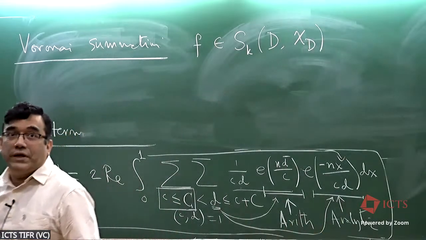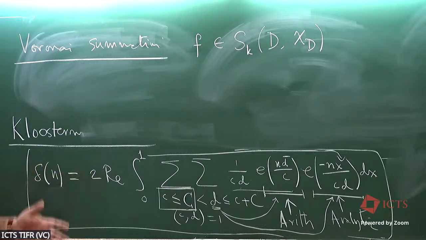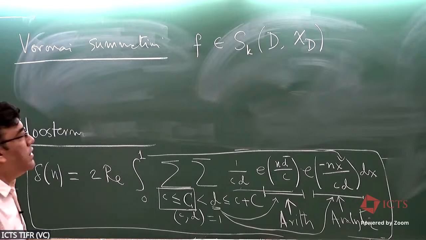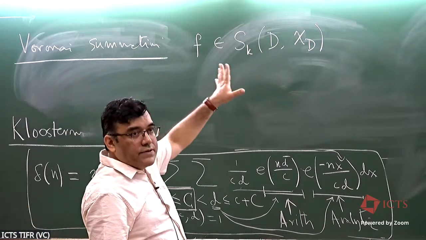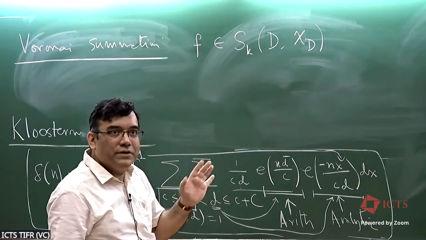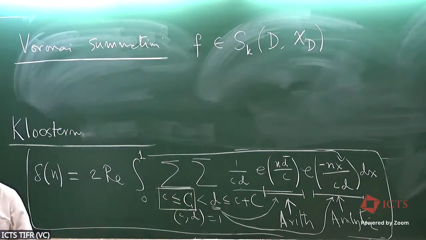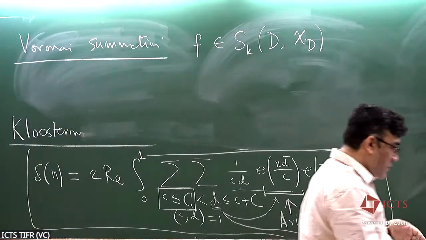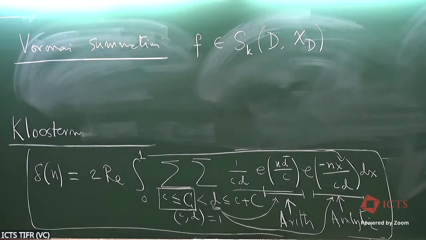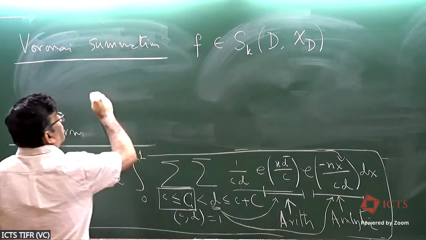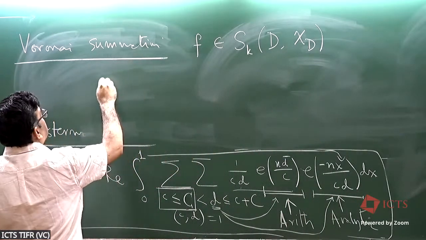If you take a matrix (a, b; c, d) in gamma naught D, that means c is divisible by D, then f of (az+b)/(cz+d) is something, and I hope most of you know what it is. That's the definition of a modular form. There are certain other properties, like the Fourier expansion at the cusps. You have a Fourier expansion at the cusp at infinity.